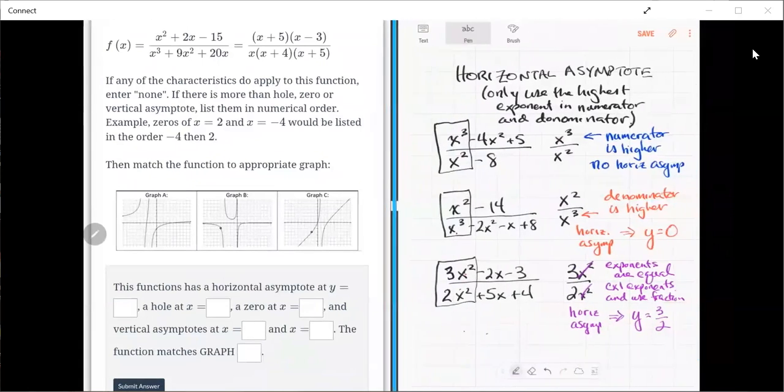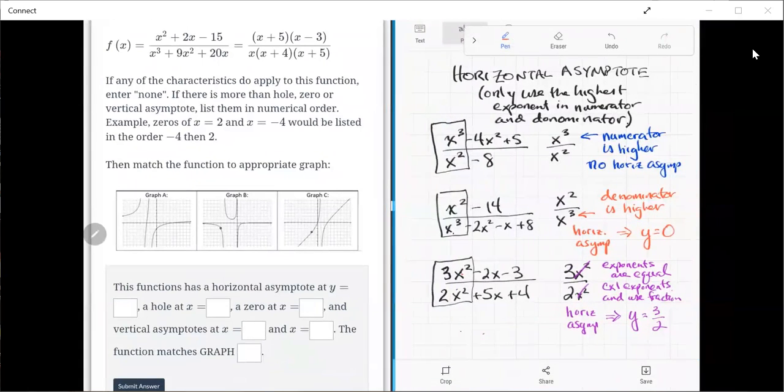You might remember, you tell what a horizontal asymptote is by looking only at the highest, normally the first two terms in the numerator and the denominator. So I don't really care about all of this over here. I'm only looking at that.